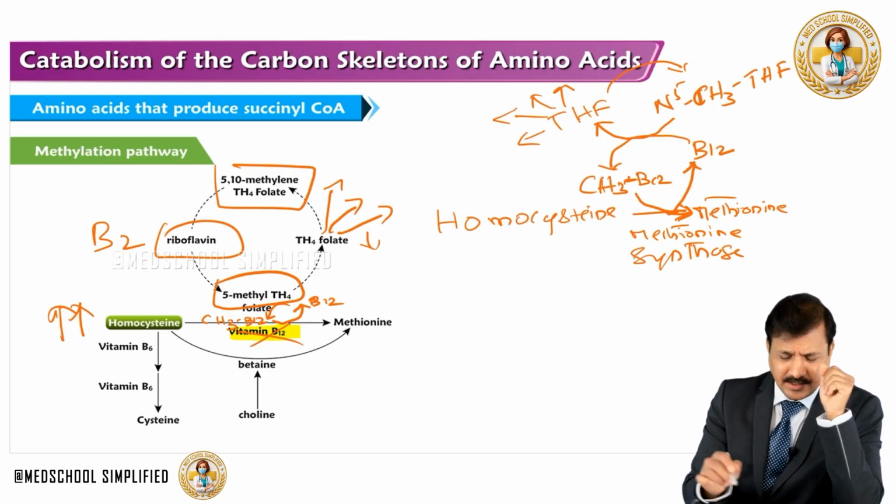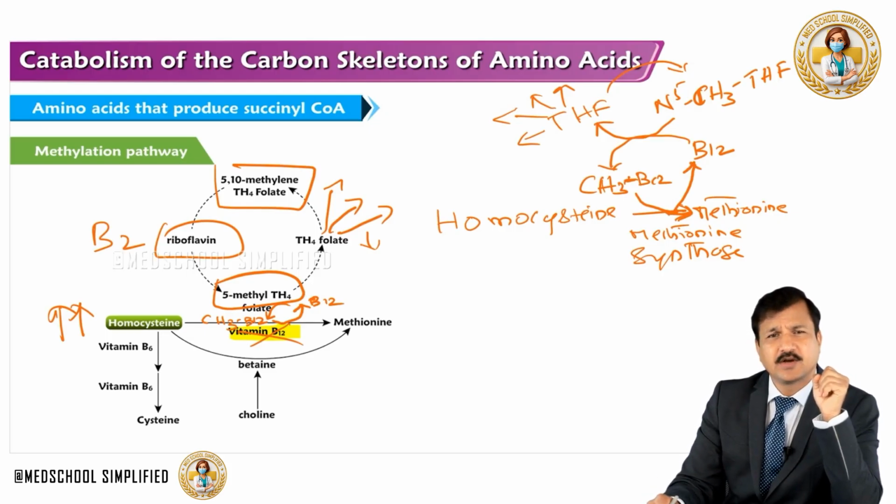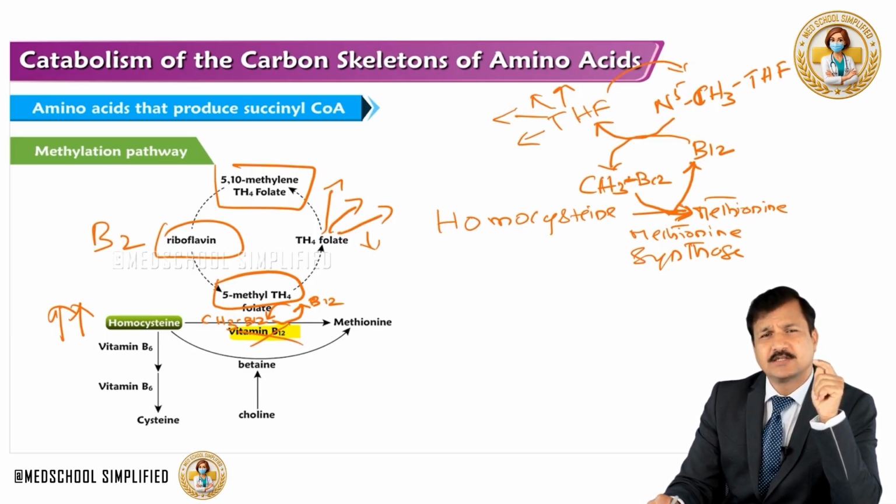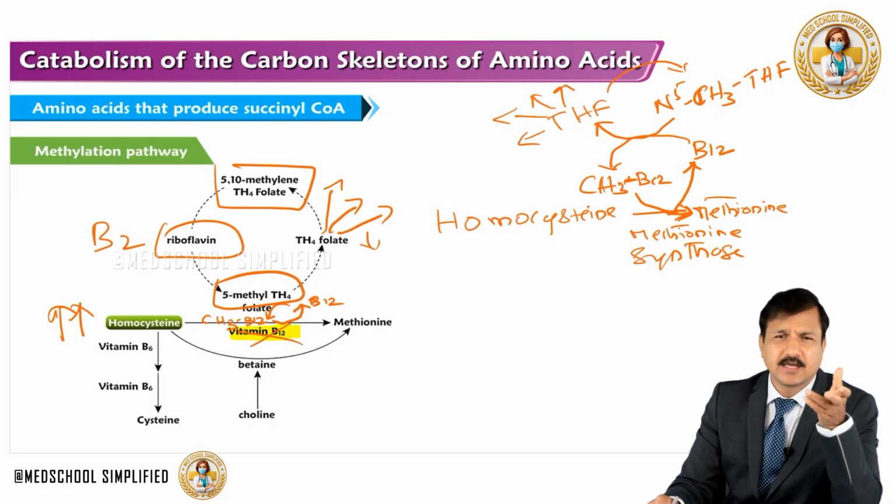What if there is a defect in the process of conversion to N5-N10 methylene tetrahydrofolate? There is something called DHFR, dihydrofolate reductase enzyme. Defect or deficiency in dihydrofolate reductase enzyme will lead to decreased availability of N5-N10 methylene tetrahydrofolate. That can also lead to homocysteinemia.